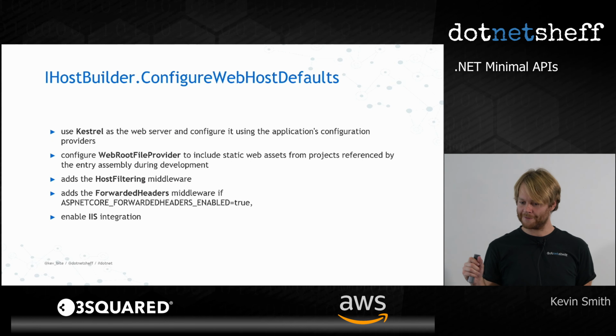And then ConfigureWebHostDefaults sets Kestrel up as the default web server unless there's IIS in place. It sets up some host filtering middleware and also sets up the default forwarded headers if they're enabled by the ASPNETCORE_FORWARDEDHEADERS variable as well. So there's bits and bobs to do that default setup of your application for your API, which most of the time you don't really care about.